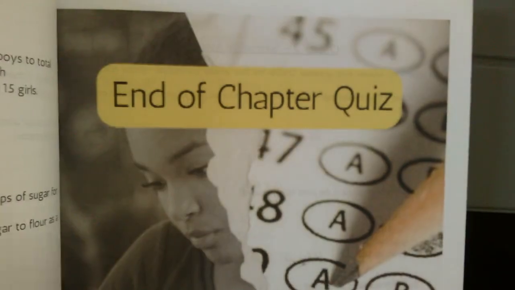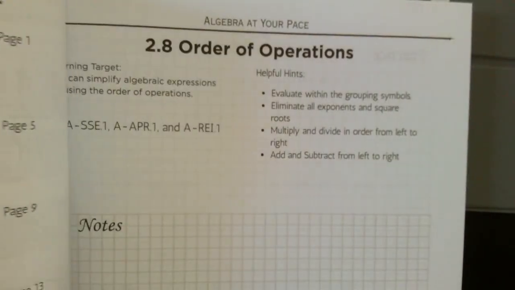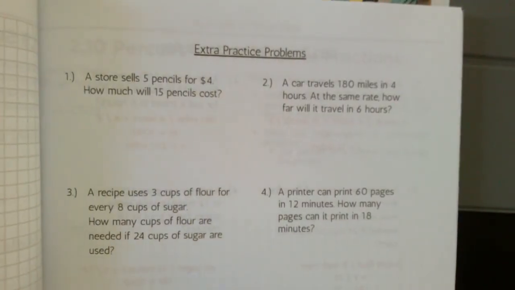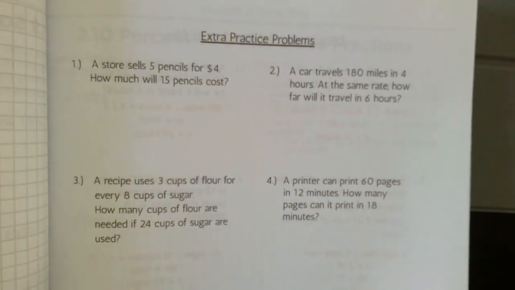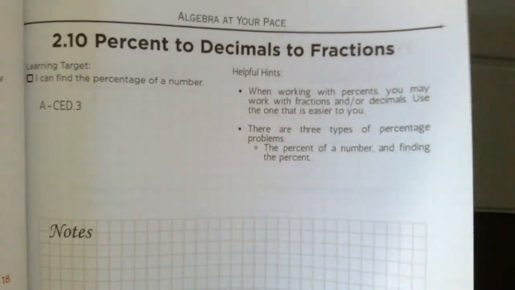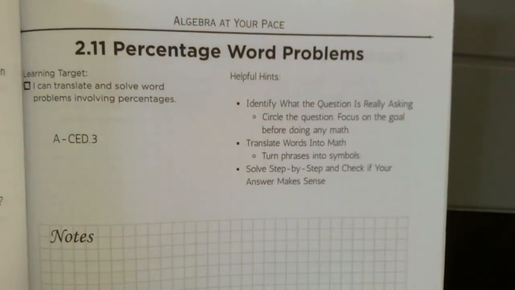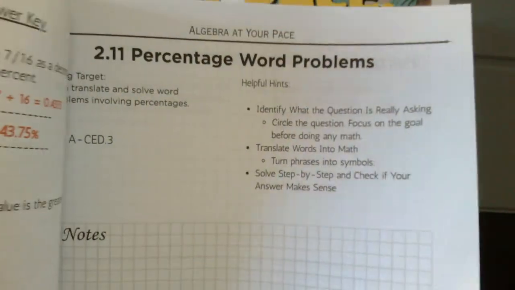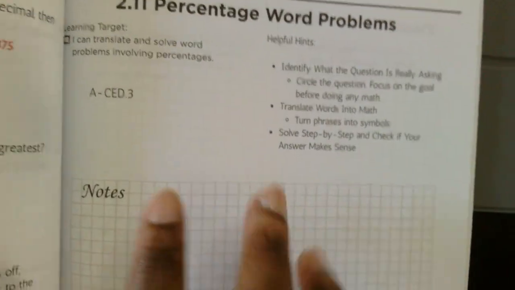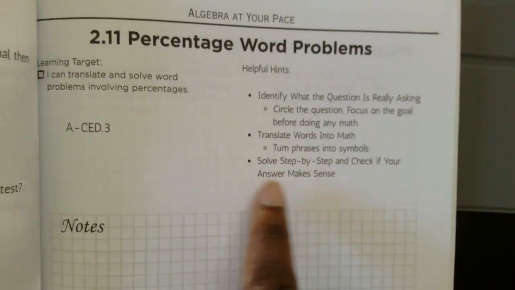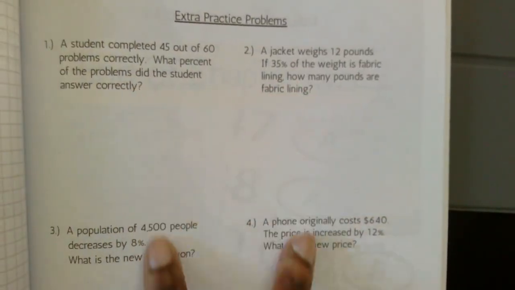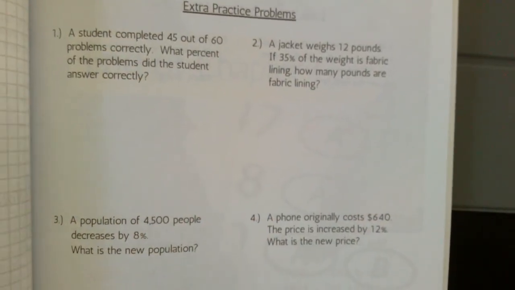Ratio and proportions. Okay, then I put 2 quizzes in here because I wanted to split up the order of operations section. Notice now we got a little more word problems in here. Percent to decimals to fractions, percentage word problems. So now not only are you practicing, you're going to have me taking you through step by step, and then you're going to have time to practice what you learned in those steps.